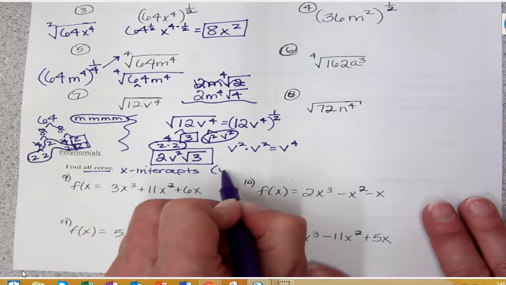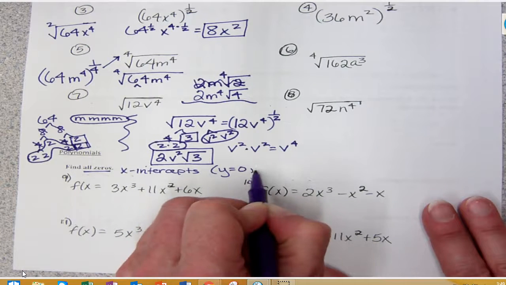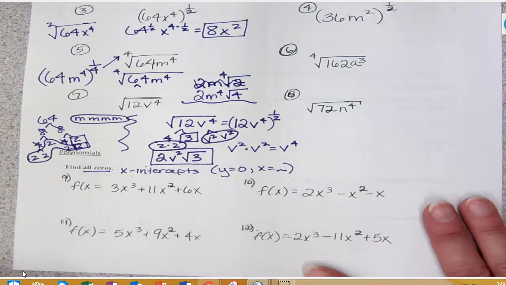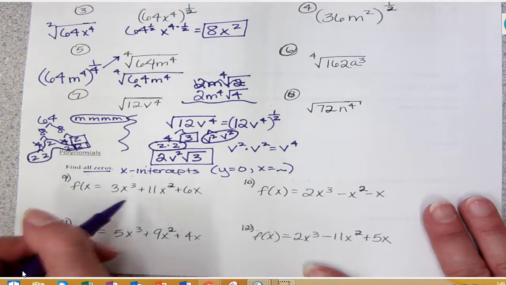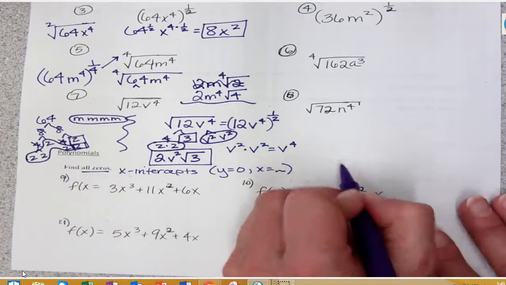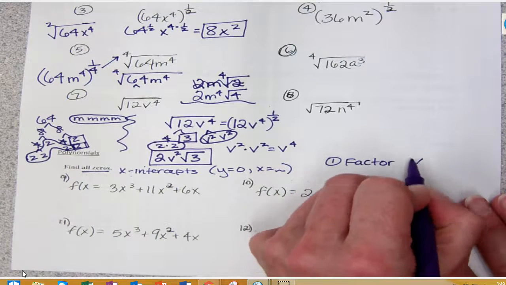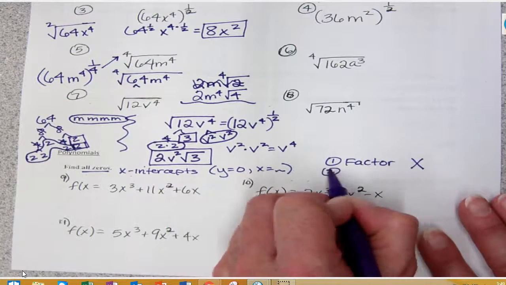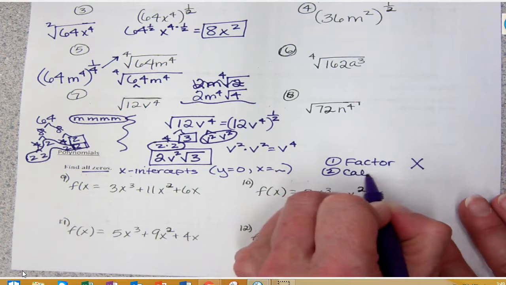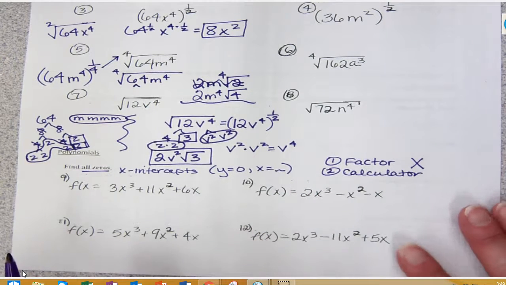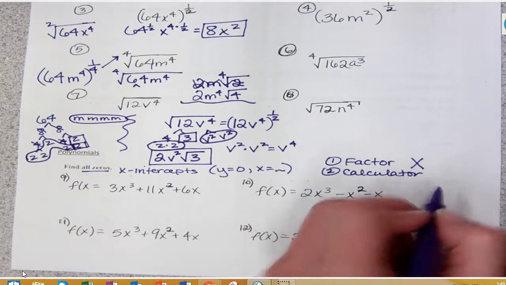That is when y is 0, x is what? That's what we're trying to figure out. So there's a couple different ways. One is you can factor with your big X. One is that you can plug it in your calculator and look at your graph and look at your table.